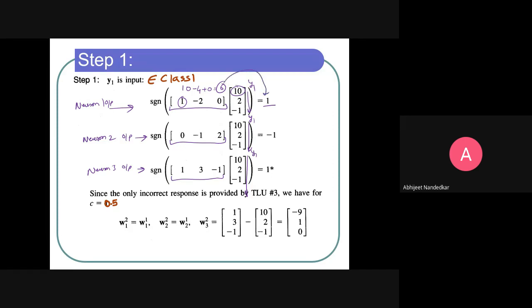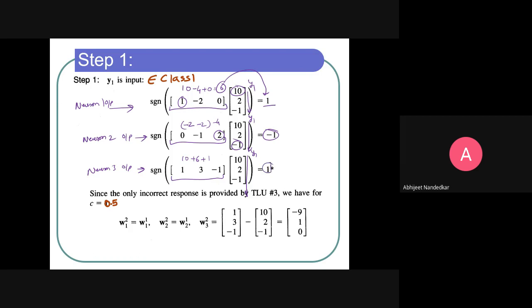Similarly, 10 into 0 is 0, so minus 2, and this will be again minus, so this will be minus 4, and the sign of that is negative, so this will be minus 1. Similarly, 10 plus 6 plus 1, so the sign of this is positive, so I will get plus 1.